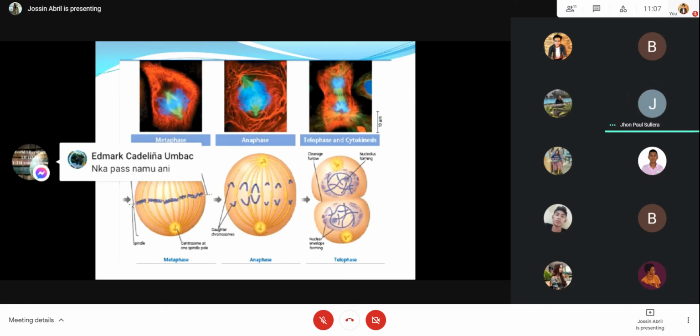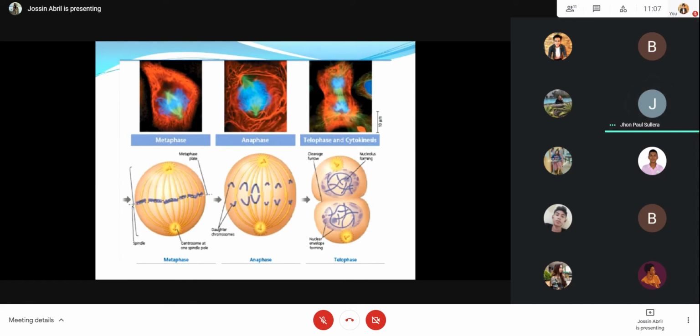Every microtubule from one pole and from the other pole is the same measurement, so they hold the chromosomes so that they are placed at the metaphase plate. Are you sure it's about the length of the microtubule?